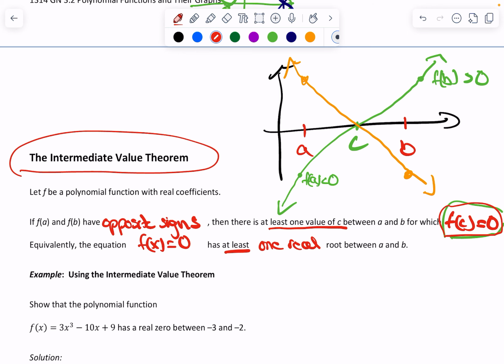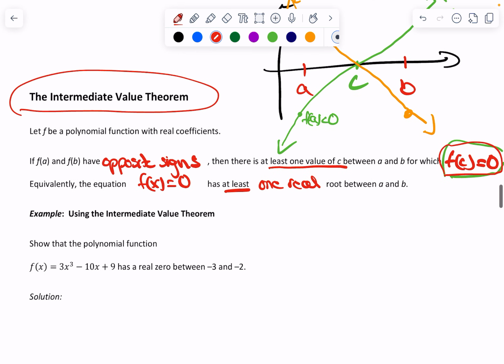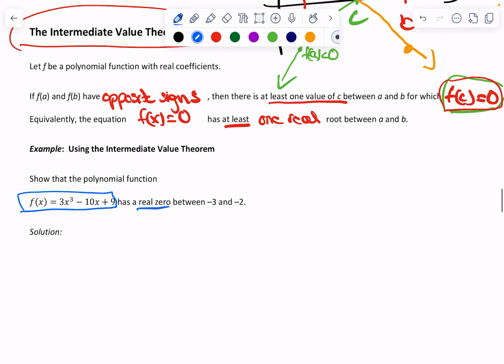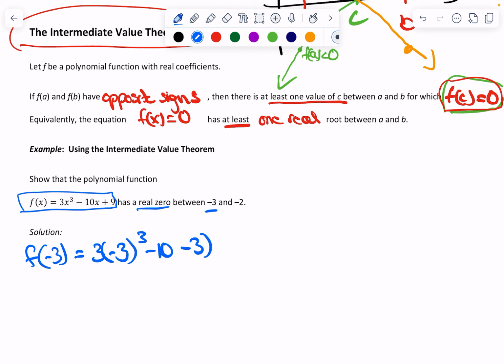Okay, let's use this intermediate value theorem with an example. So show that the polynomial function f of x equals 3x cubed minus 10x plus 9 has a real 0 between negative 3 and negative 2. So what we're going to do is we're going to plug in negative 3. So f of negative 3, 3 times negative 3 cubed minus 10 times negative 3 plus 9, and we can plug this whole thing in the calculator.